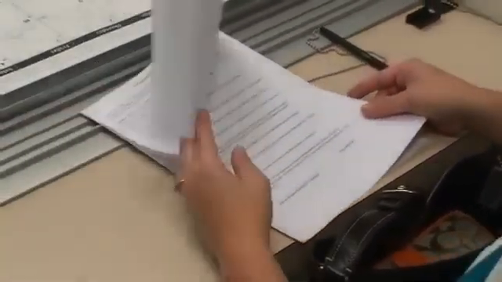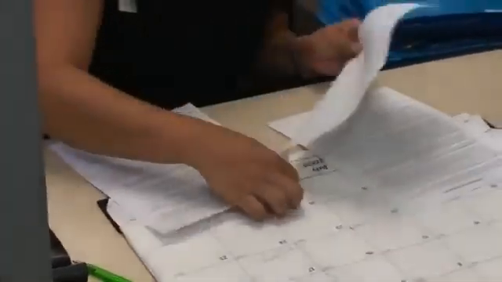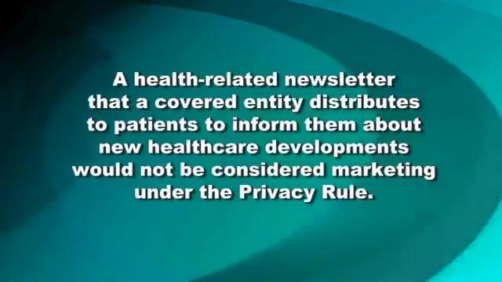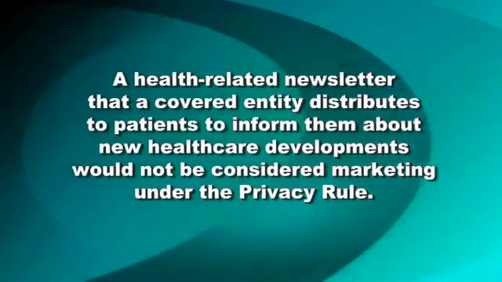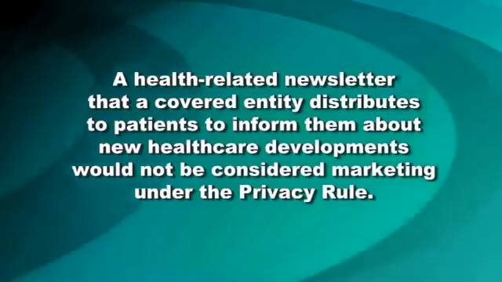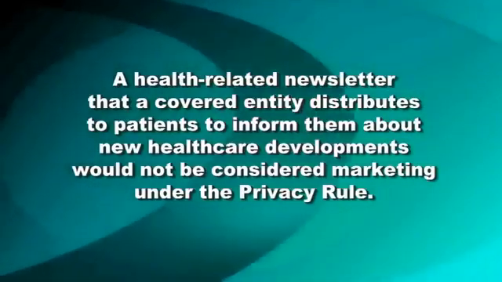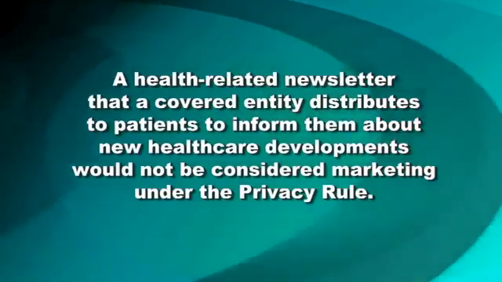At the same time, communications regarding treatment, case management, or the recommending of alternative therapies are excluded from the definition of marketing, as are communications that promote health in a general manner. Thus, for example, a health-related newsletter that a covered entity distributes to patients to inform them about new healthcare developments would not be considered marketing under the privacy rule.